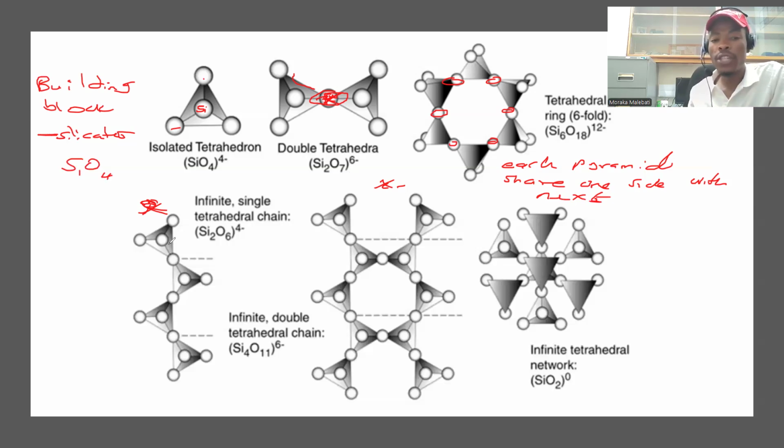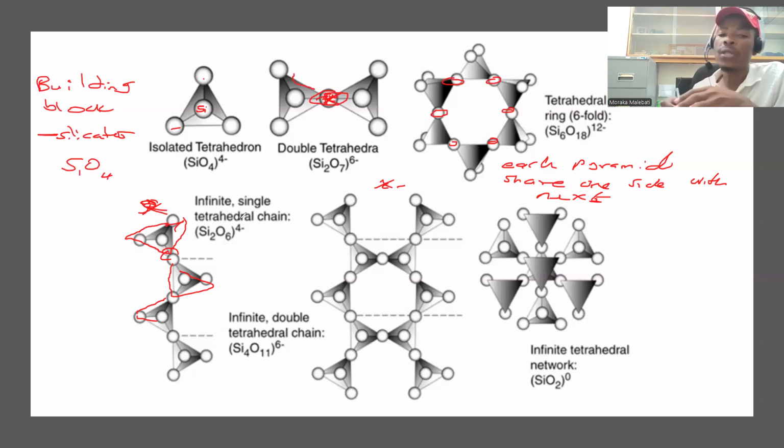If you can check, this is the first pyramid. It shares one side with the next, and then even this one shares one side with the next. So all of these are sharing one side with the next.